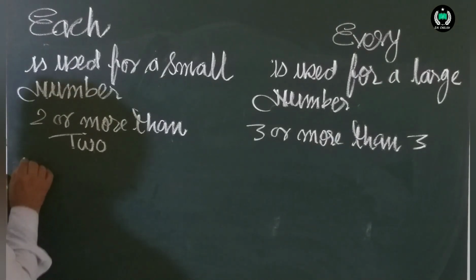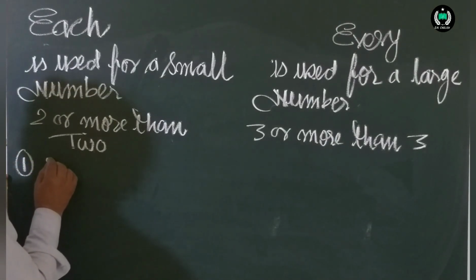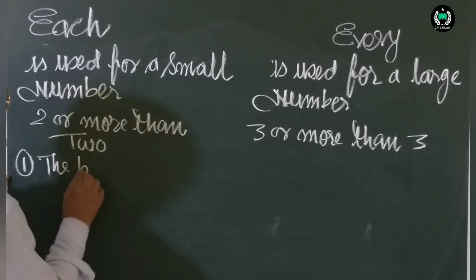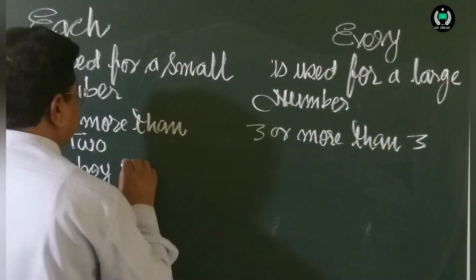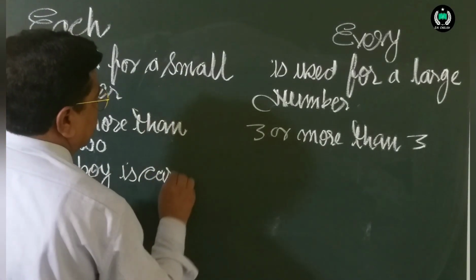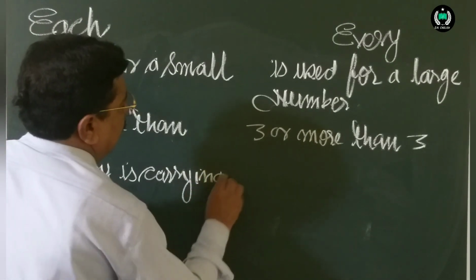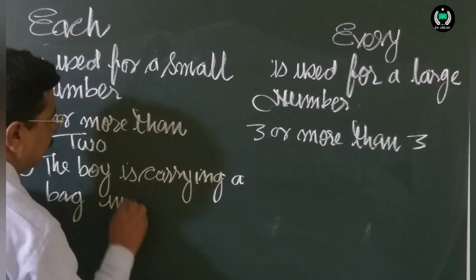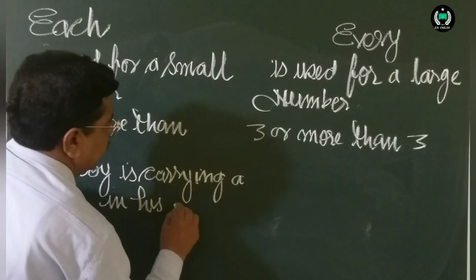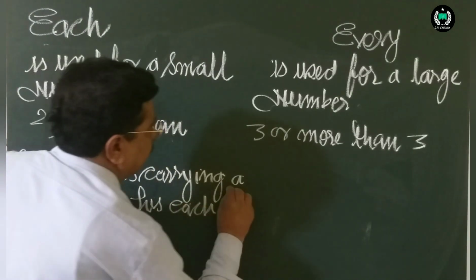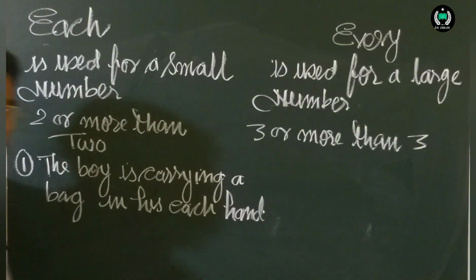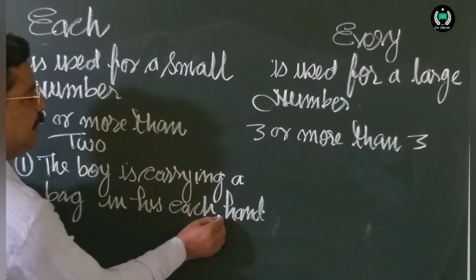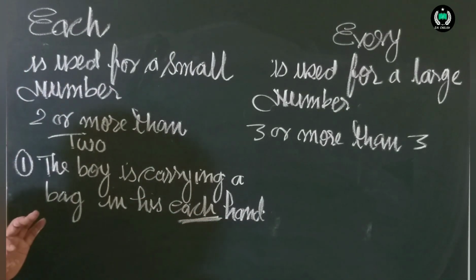Suppose this is one example: The boy is carrying a bag in each hand. Very easy to understand. The boy is carrying a bag in each hand. Here you cannot write every.